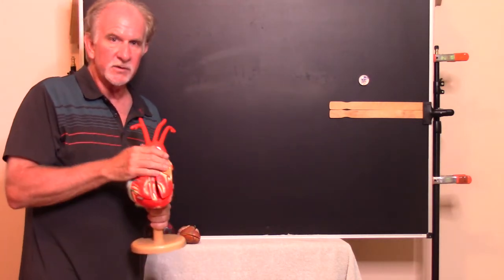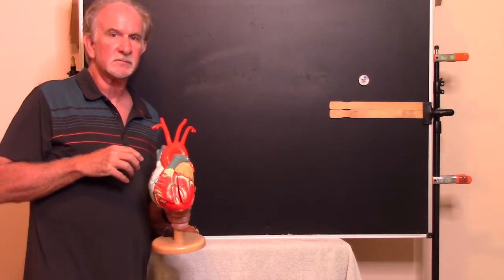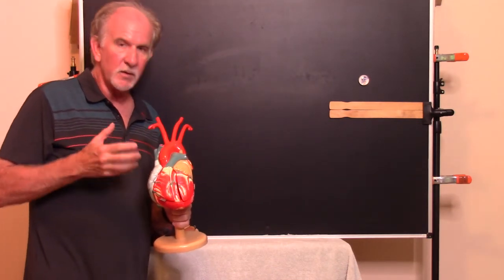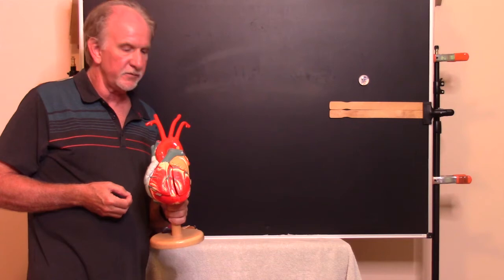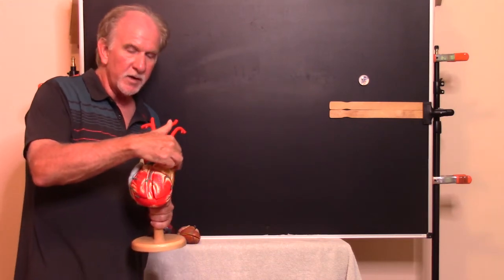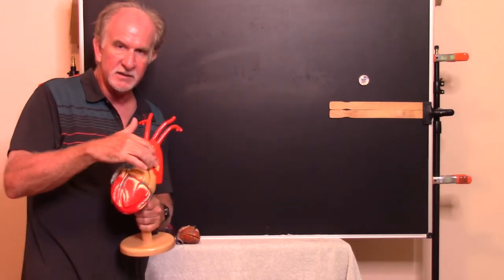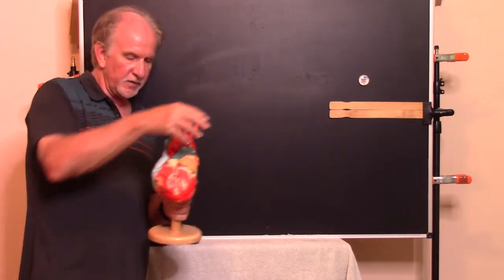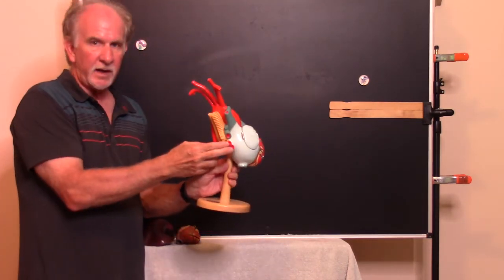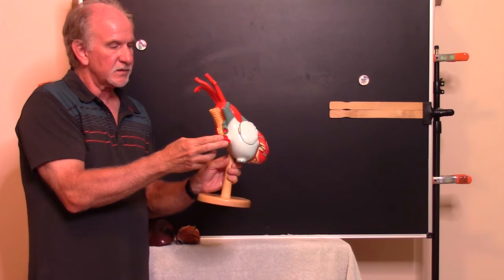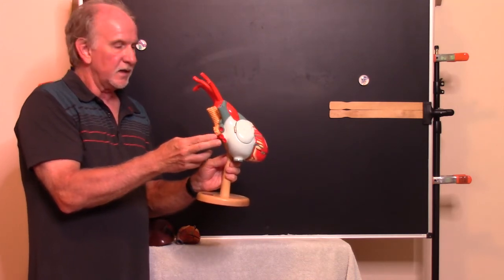The left atrium receives blood from the pulmonary circuit by way of the red-colored pulmonary veins, and this would be a pair of pulmonary veins into the left atrium from the left lung, and then over here would be a pair of pulmonary veins coming in from the right lung.